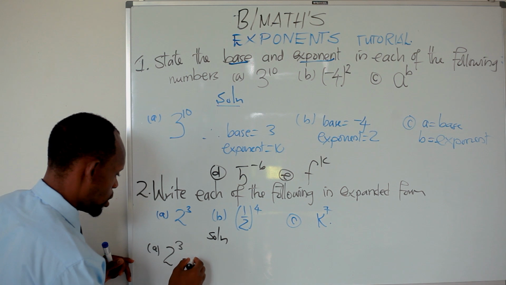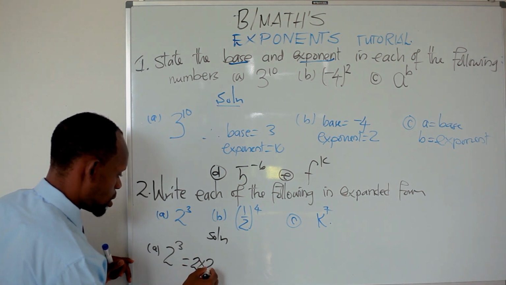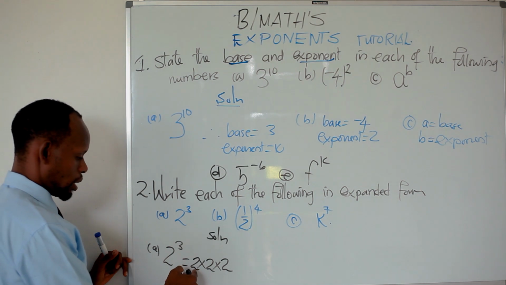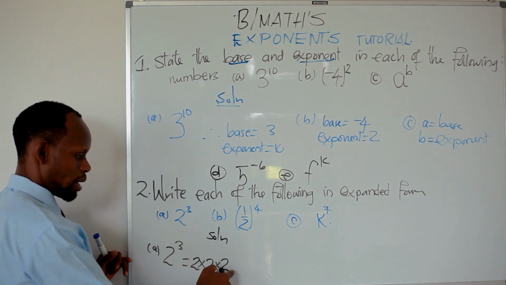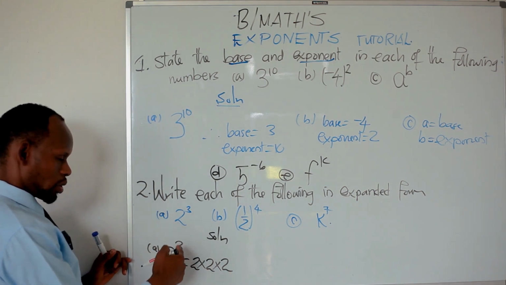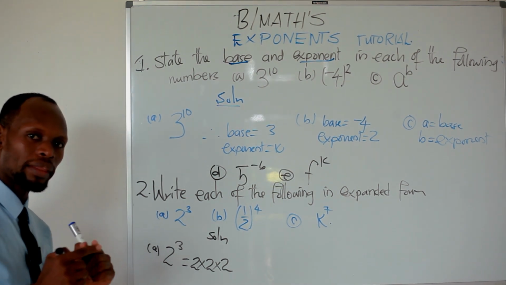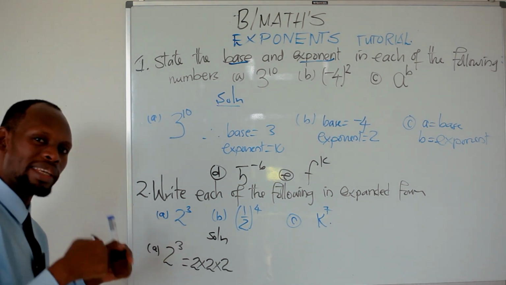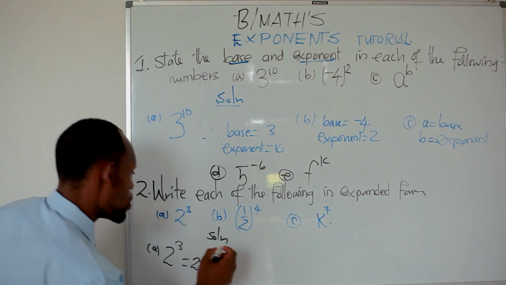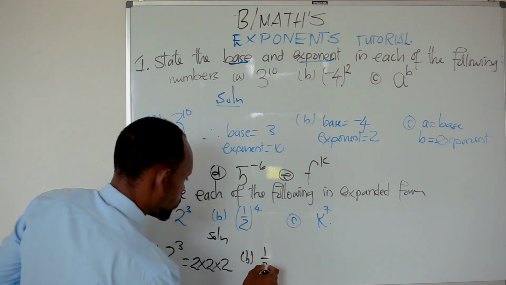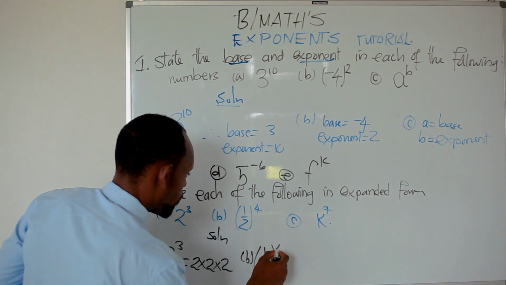So this will be 2 times 2 times 2. Why 2 times 2 times 2, 3 times? Because of this exponent. The exponent will determine how many times the base will be multiplied by itself. For B, this is a half power 4.